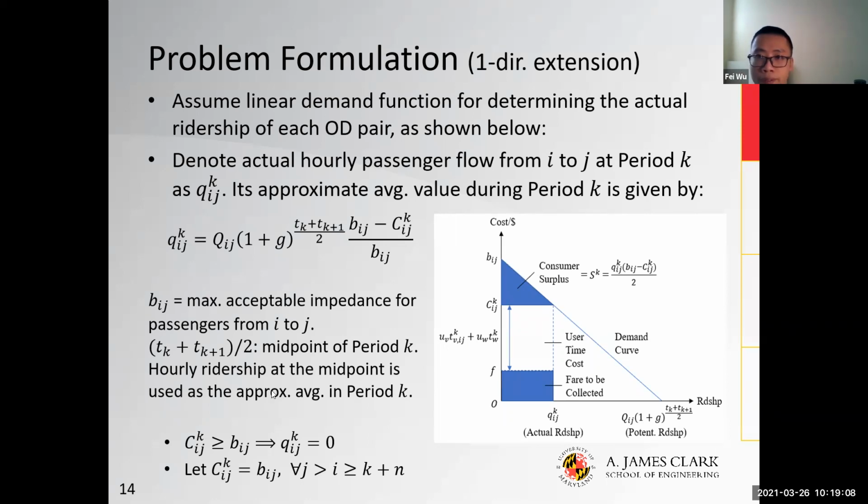We are also considering the growth of demand, and we use the midpoint of phase K as the approximate average hour for calculating the approximate hourly collective consumer surplus and collective fare for phase K.